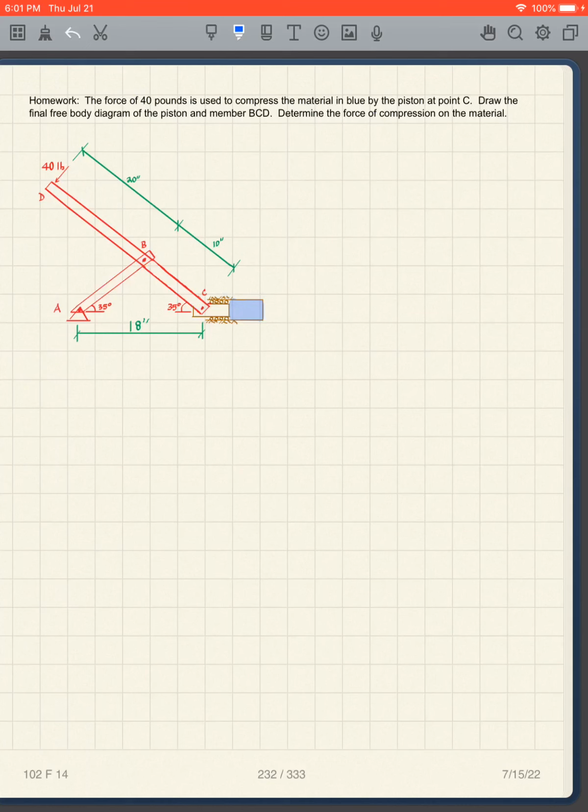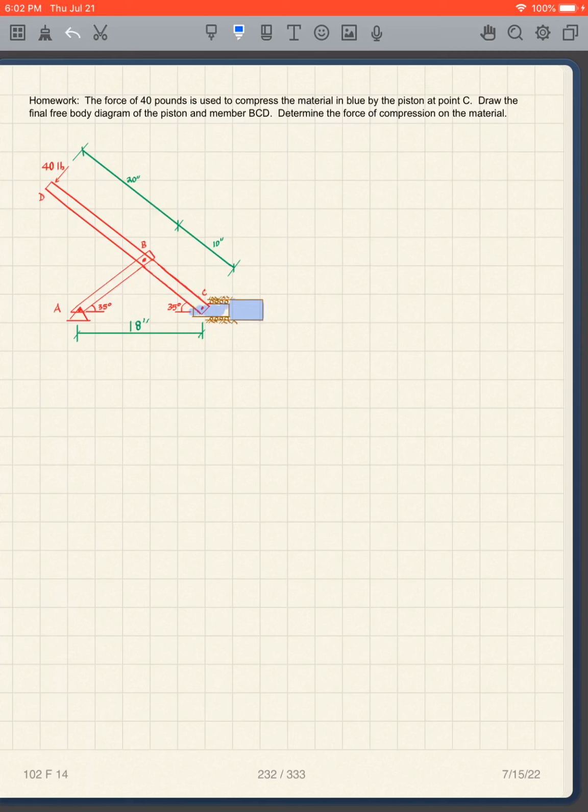In other words, this point will move both downward and to the right. And this member here will rotate about point B. And the end result is that we can compress this material here.